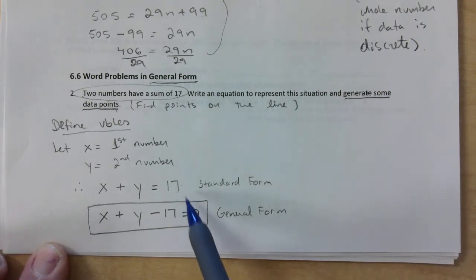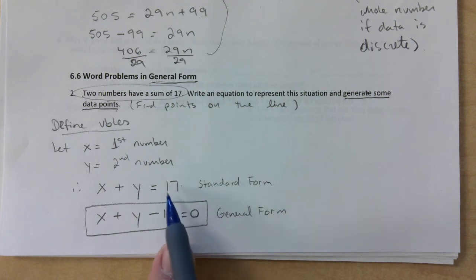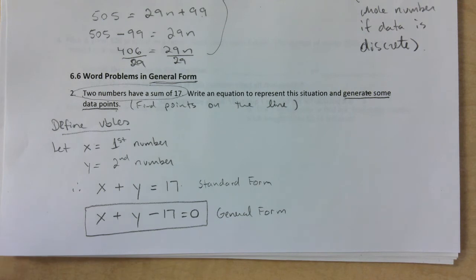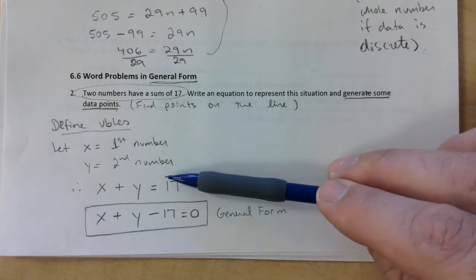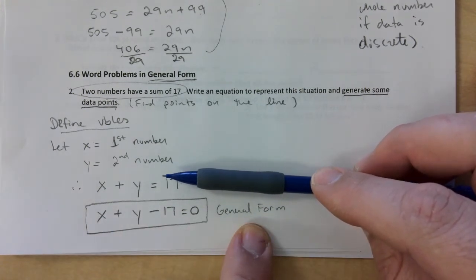Right? If you bring everything over to one side, that's the general form. If you have a constant on the other side, that's actually called standard form by the book, textbook, convention. So I wouldn't focus too much on it. I would just, you need to know how to get it to general form. Okay.